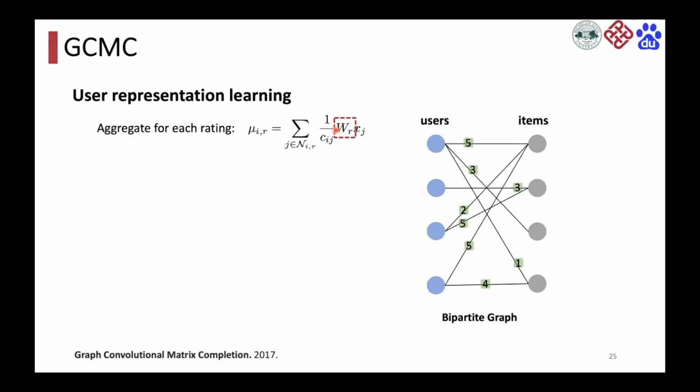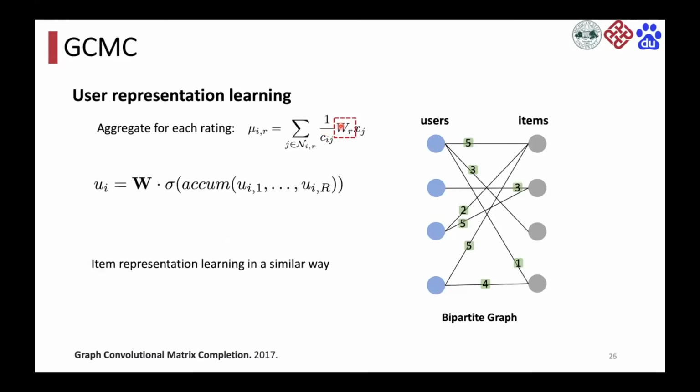This model adopts a learnable weight W_r to differentiate each specific rating value r. Then this method accumulates all the rating-specific representations to finalize the representation for each user. Likewise, the item representations can be learned in a similar way.